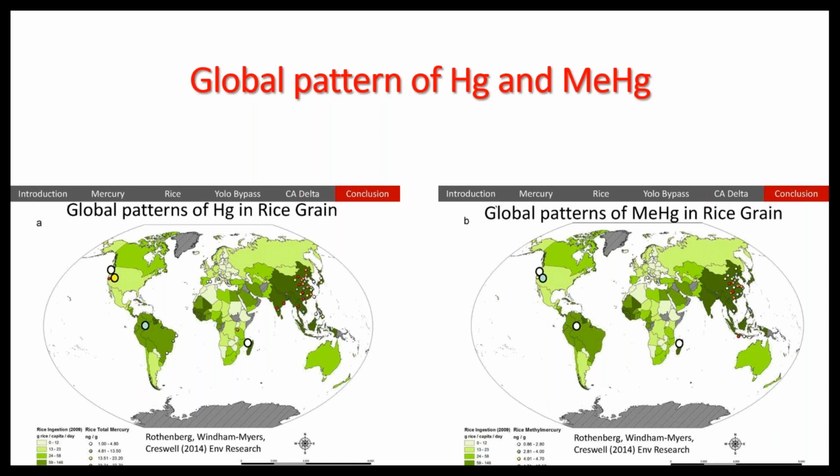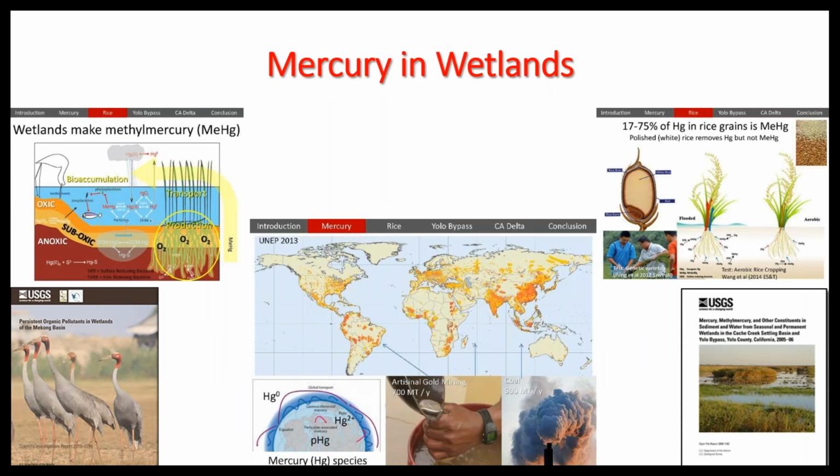As you can see, in the darker places there are more of these pollutants, and as we go lighter there is less. It seems that in rice production countries this pollutant is higher. Next slide, please.